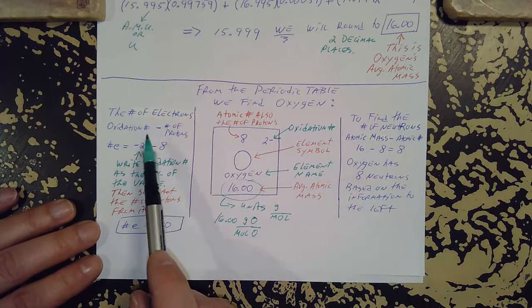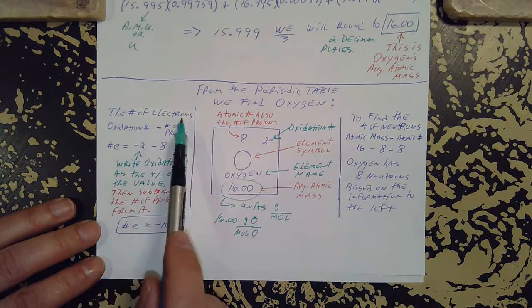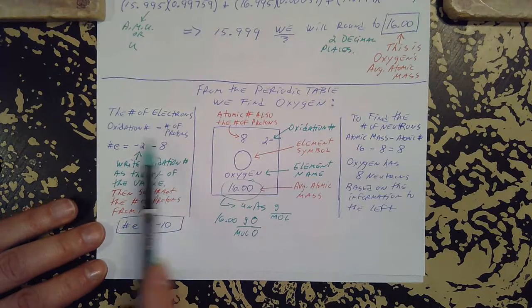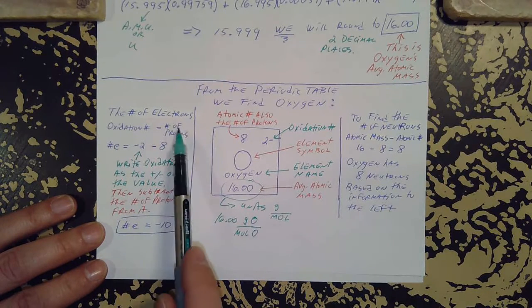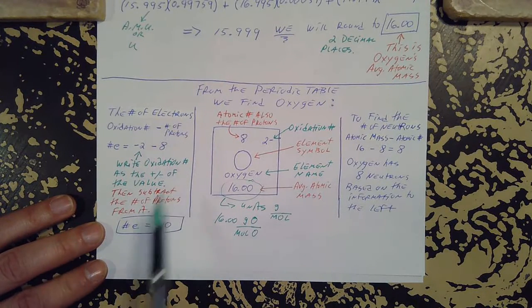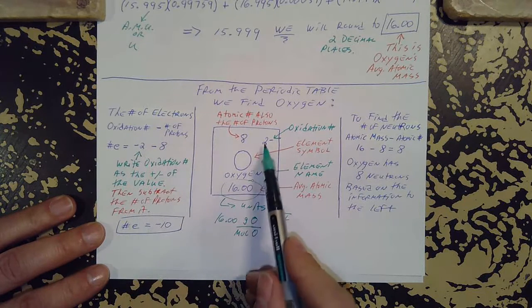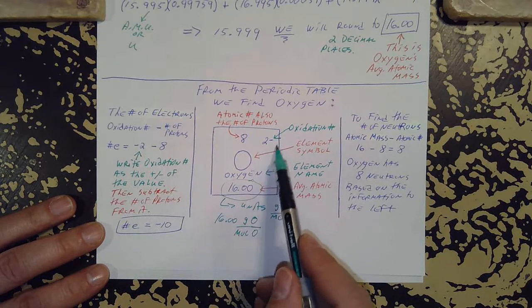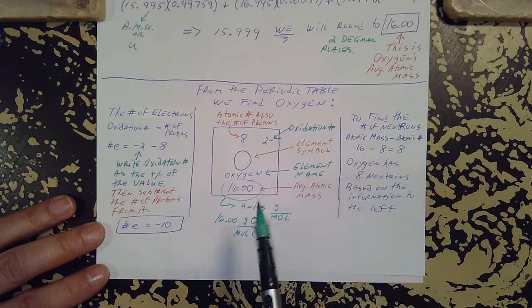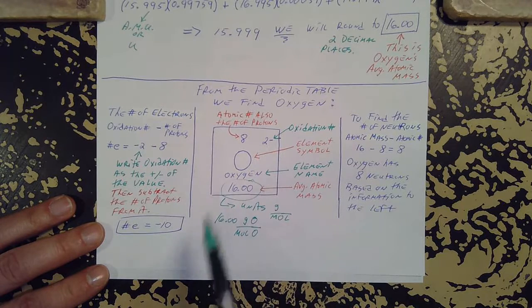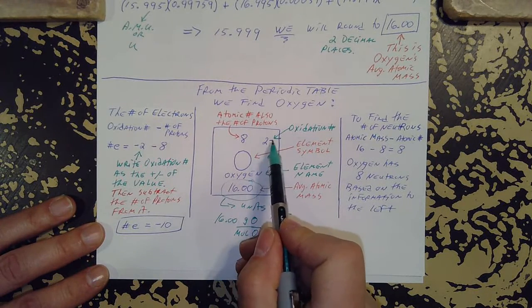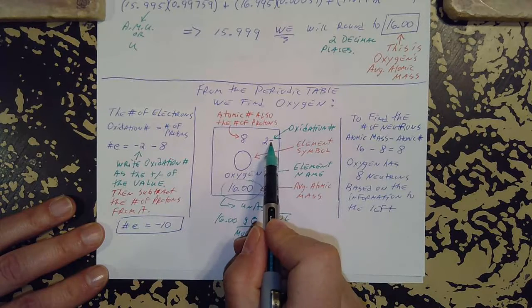Over here, to figure out the number of electrons, what we're going to do is take the oxidation number and subtract the number of protons from it. Now, when we write it on the periodic table, or when we're writing out the ions and isotopes for the element, we write the number, then the positive or negative.